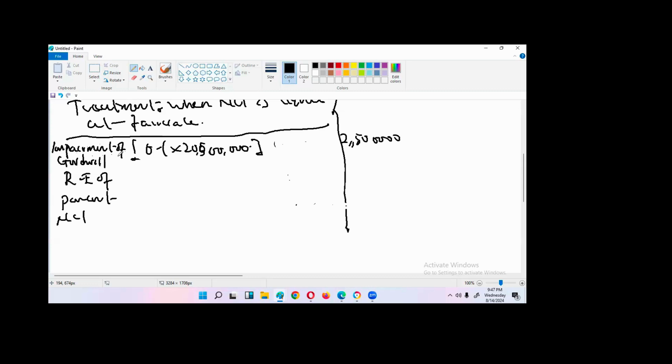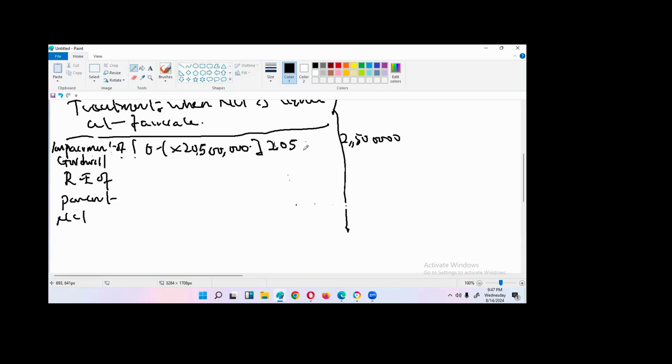So the goodwill is 20,500,000, so it's 2050.